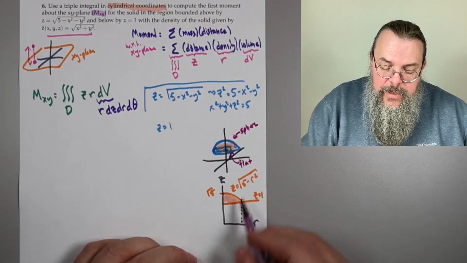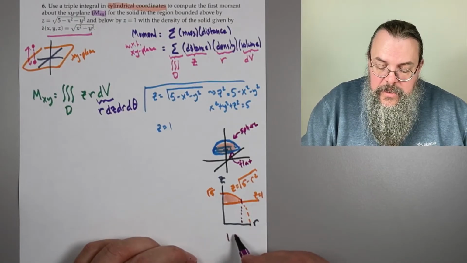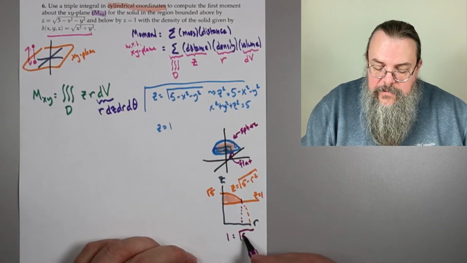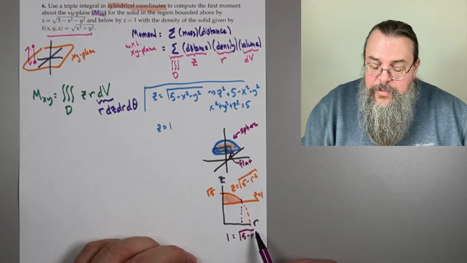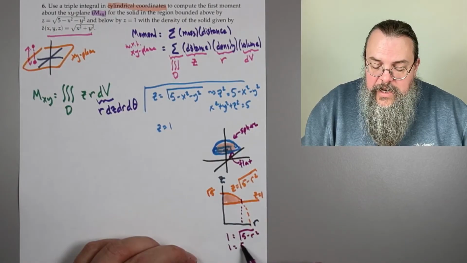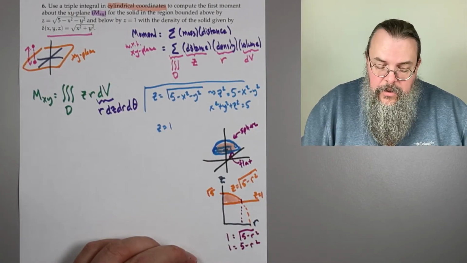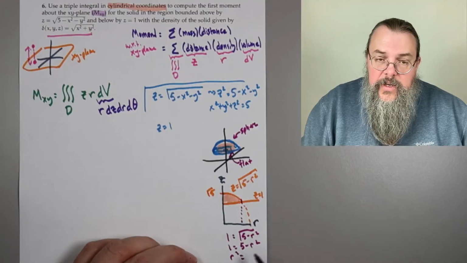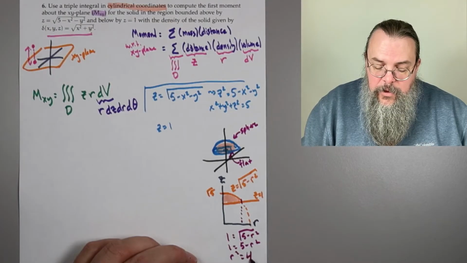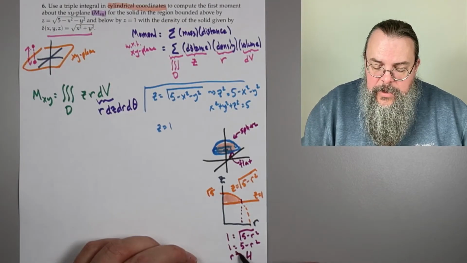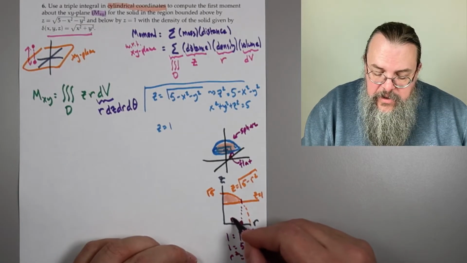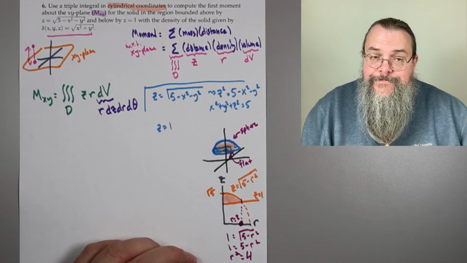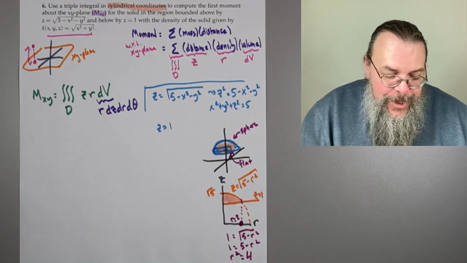We know z equals 1, so 1 equals the square root of 5 minus r squared. You can square both sides: 1 equals 5 minus r squared, or r squared is 5 minus 1, which is 4. So where does it happen? This point here is at r equals 2. All right, here we go.